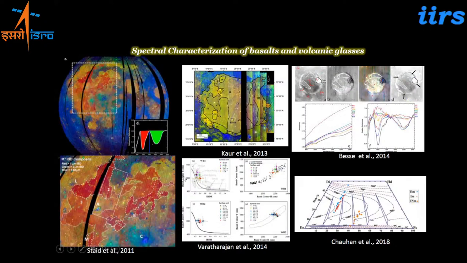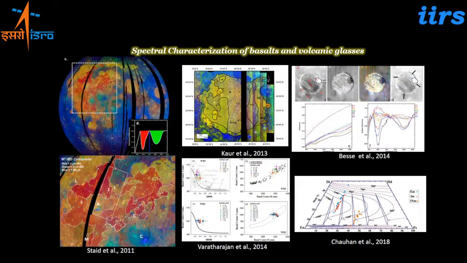Apollo and Luna missions have sampled a subset of Moon basalts that erupted between 4.3 and around 3 billion years ago. They characterized the basalts on the basis of titanium and iron content, and classified them into high titanium, low titanium, and intermediate or medium titanium basalts, based on geochemical analysis of the Luna and Apollo mission samples.